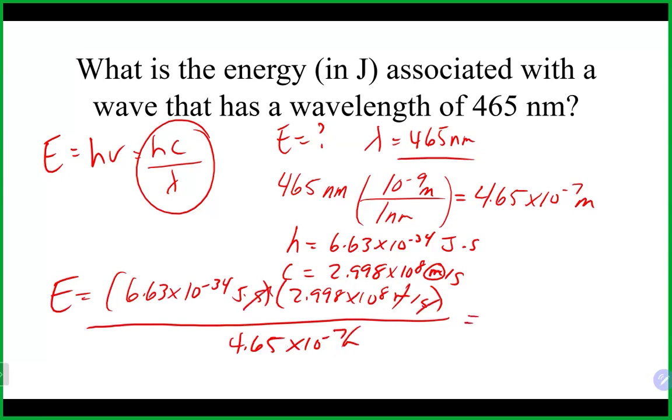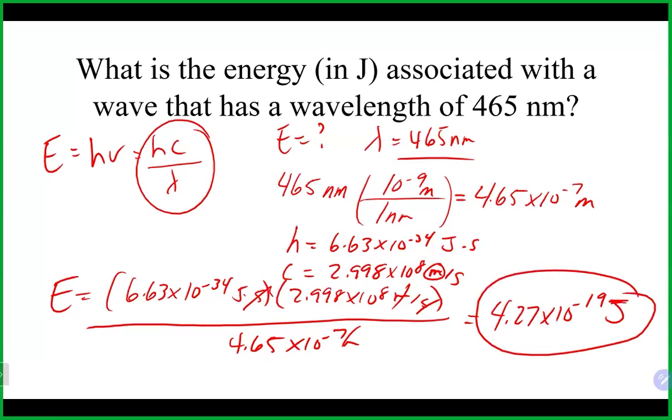So 6.63 times 10 to the minus 34 times 2.998 times 10 to the 8, divided by our wavelength, gives 4.27 times 10 to the minus 19 joules in this case. Any questions on that calculation? Once again, all you need is the wavelength or the frequency, and you can calculate the energy associated with that photon of light.